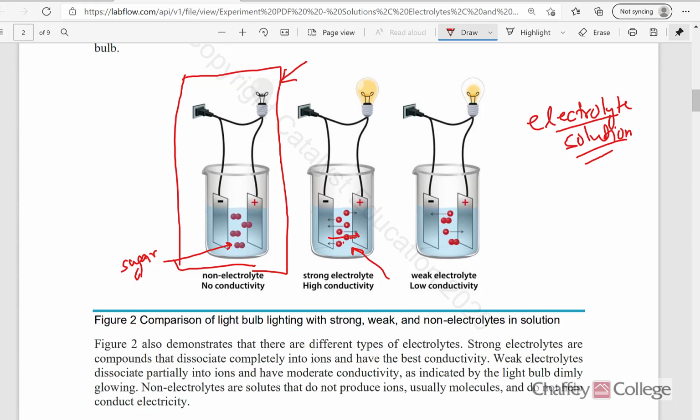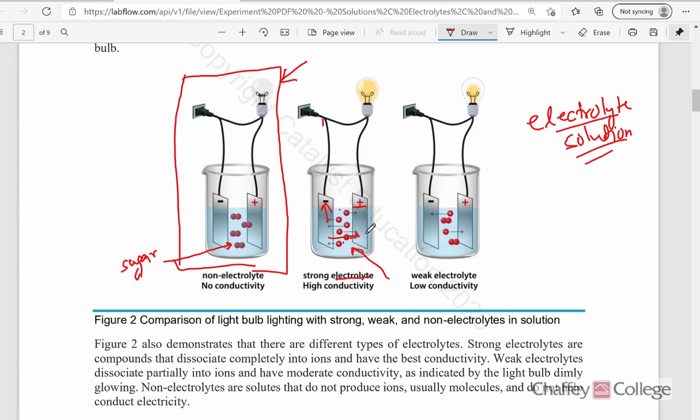Actually, the negative charges move towards the positive terminal and the positive charges move towards the negative terminal. But in doing so, they conduct electricity, and that completes the electric circuit, and our light bulb lights up. So those substances which conduct electricity when dissolved in water are known as electrolytes.